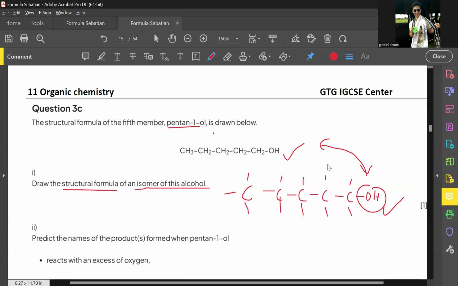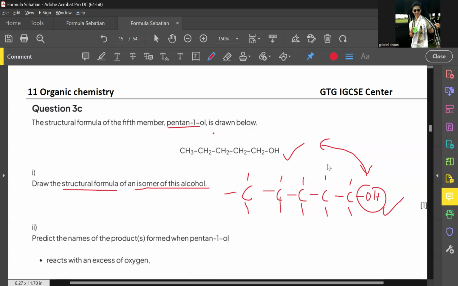You draw the structural formula. Display structure, all of it. Draw the structural formula. I want the structural formula, not the display formula. This is display.